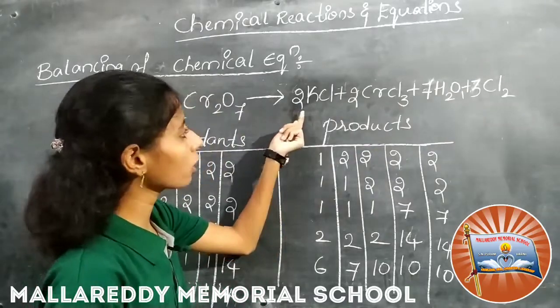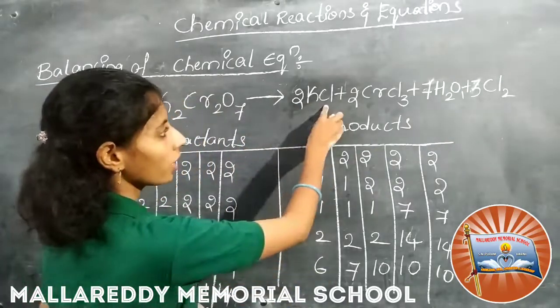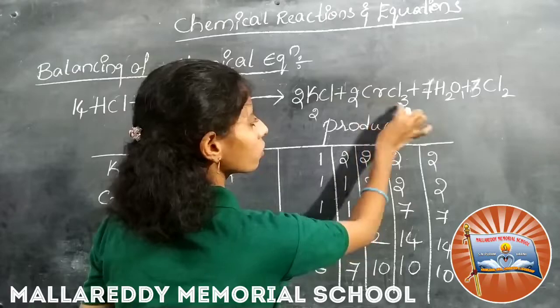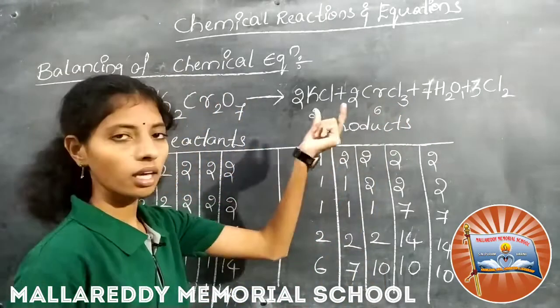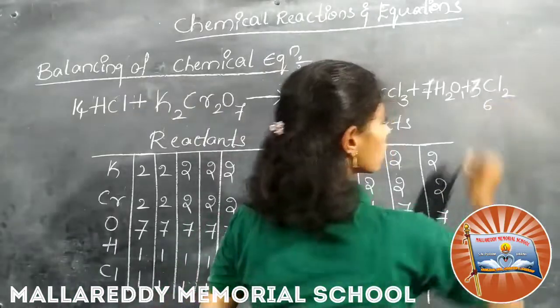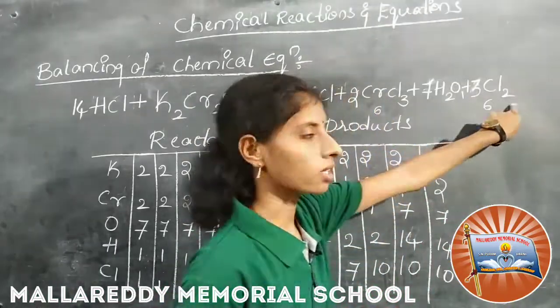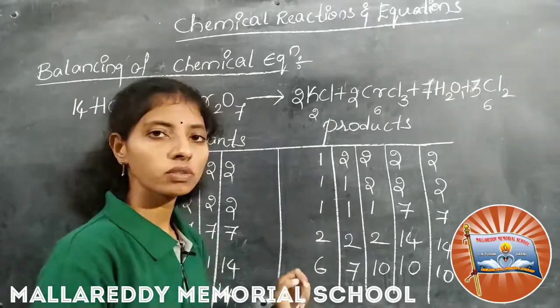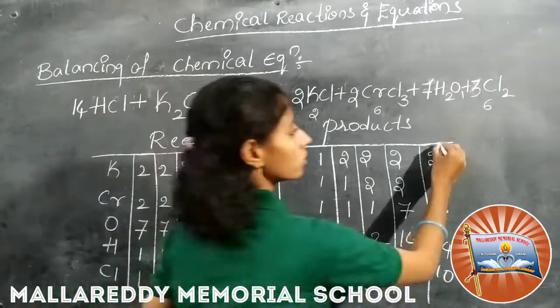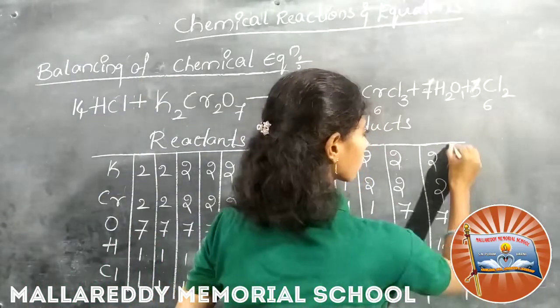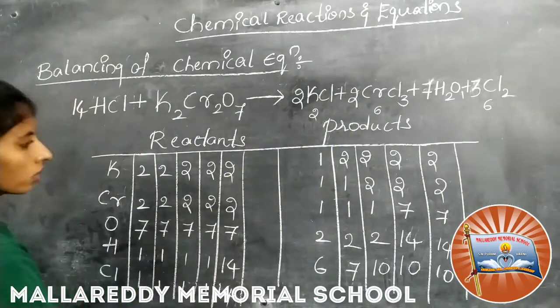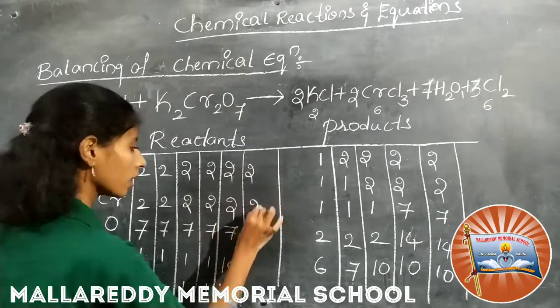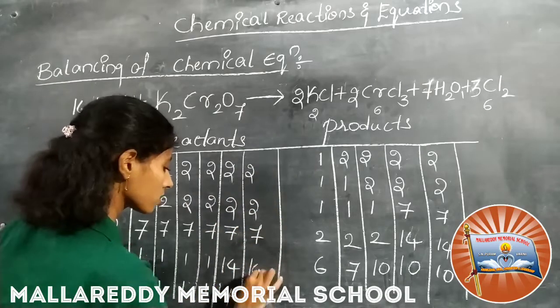Now count the total number of chlorine atoms here. Here we have 2 and 2 3s are 6, total 8. Now here we have 6, 3 2s are 6. Now the total number of chlorine atoms here is 14. Now write down here, we are not changing any number, so I am writing as it is.